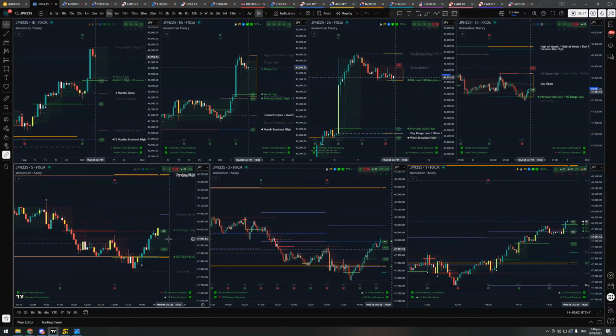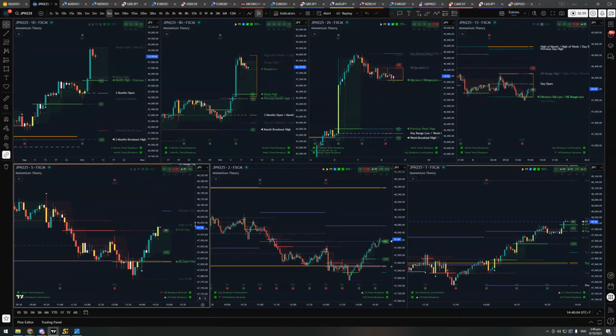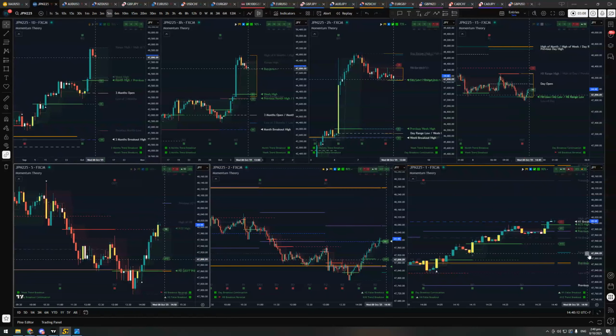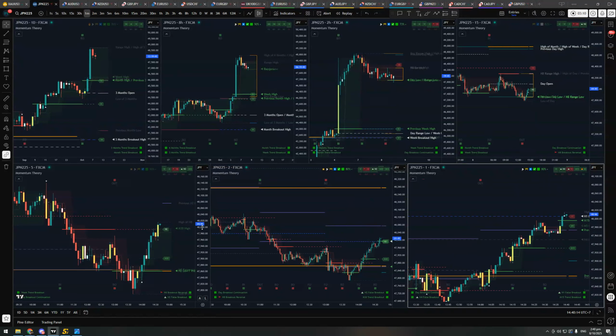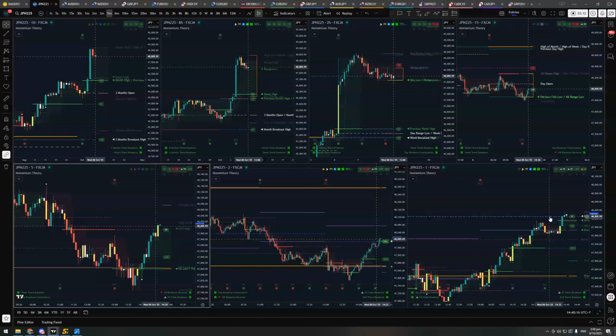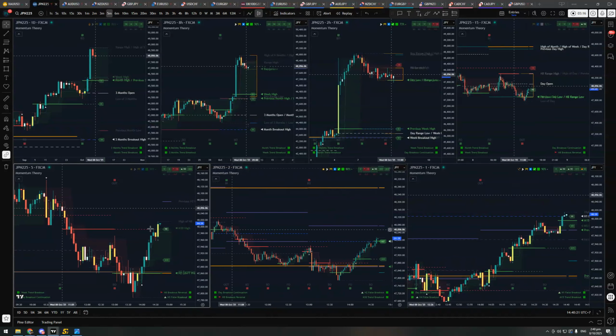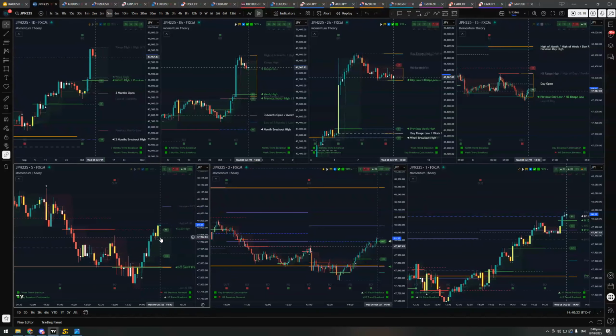All right, got the closure. Now looking for a continuation 10 or 15 seconds above that previous peak of the M5. Yeah, all the breakout levels look pretty good.